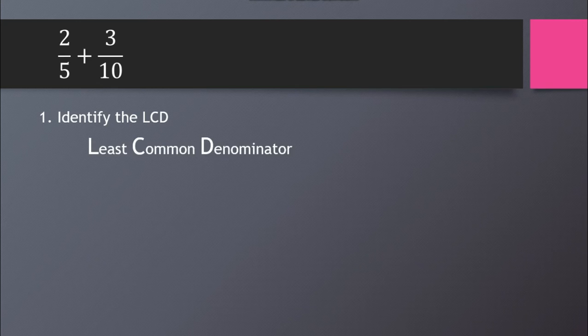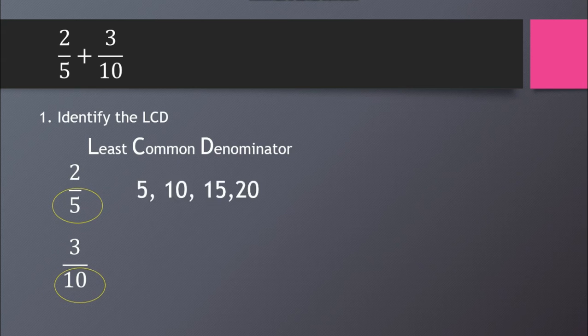So the first fraction we have is 2/5. And then the next fraction that we have is 3/10. Now what is the denominator of 2/5? Very good, it is 5. What about 3/10? That is correct. The denominator is 10.